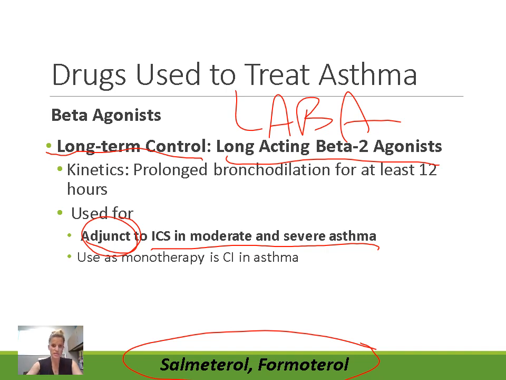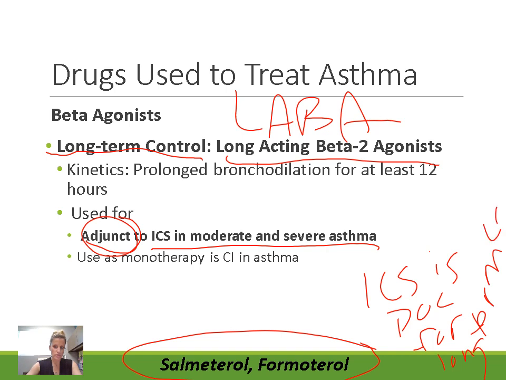Monotherapy, so just a long-acting beta agonist, is contraindicated in asthma patients. Okay, the inhaled corticosteroid is the drug of choice for long-term control of asthma.